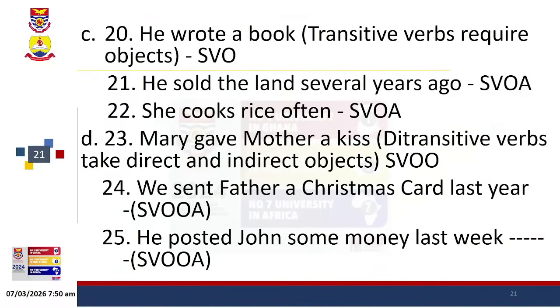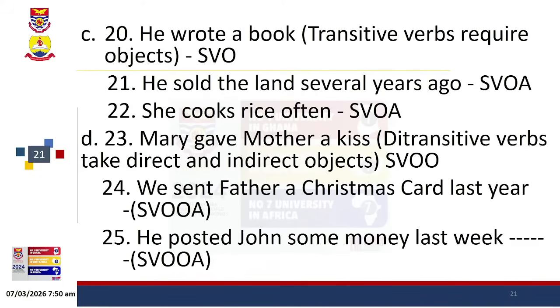Good. If you look at 20, he wrote a book. Now pay attention to the verb wrote. Wrote is an action verb, a transitive verb. It will not give you a C after the V. So the structure or the pattern is subject, verb, object.